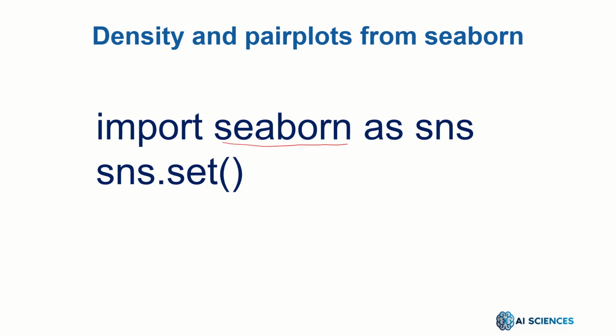Seaborn itself is built on top of Matplotlib, so Seaborn is not going to give you functionality that is beyond the reach of Matplotlib, but it is going to give you an interface that, for certain kinds of plots, is much easier to use than Matplotlib. Further, Matplotlib and Seaborn can be used in combination, as we will see shortly, to achieve very beautiful visualizations.